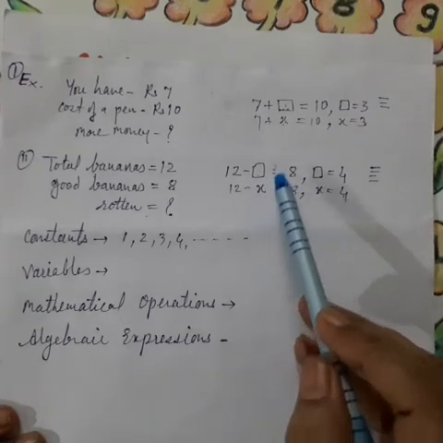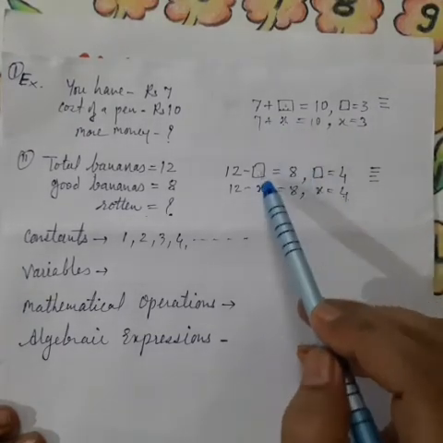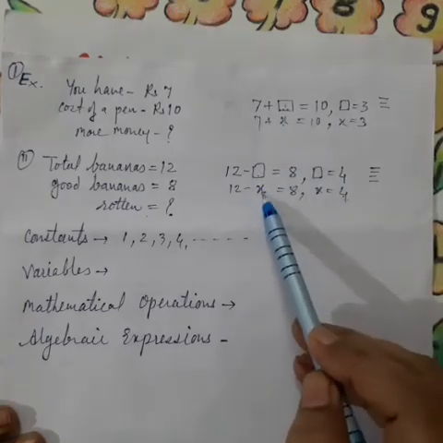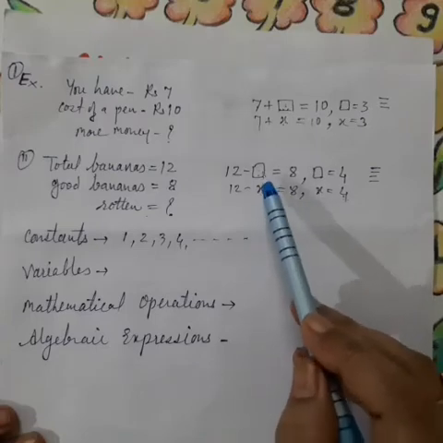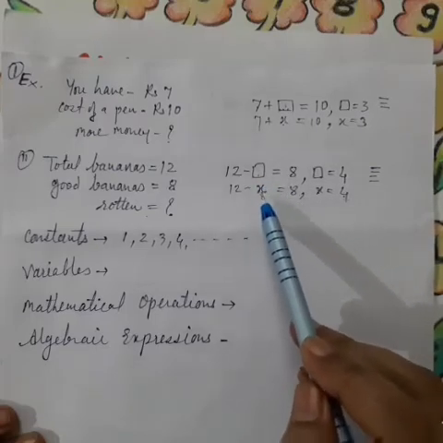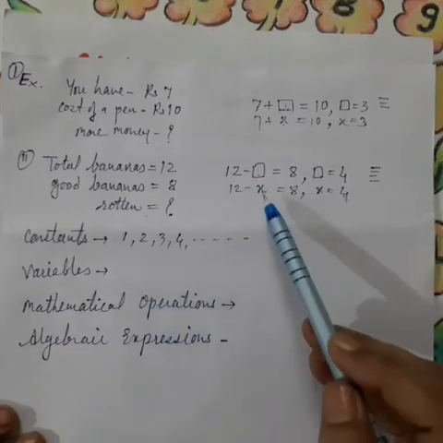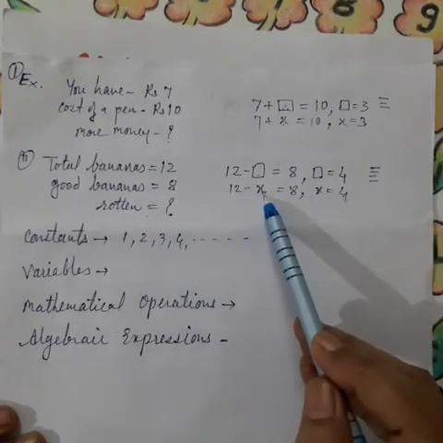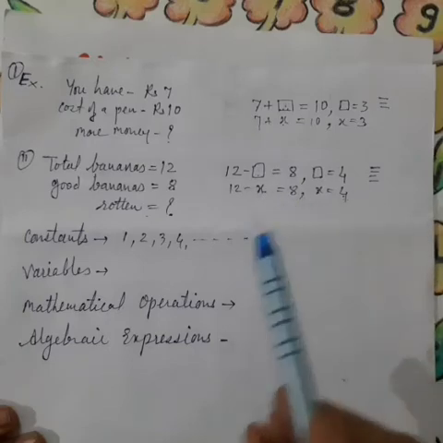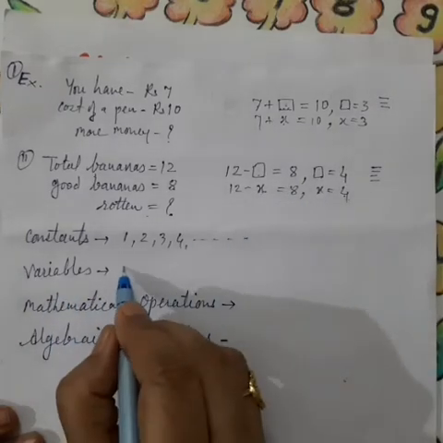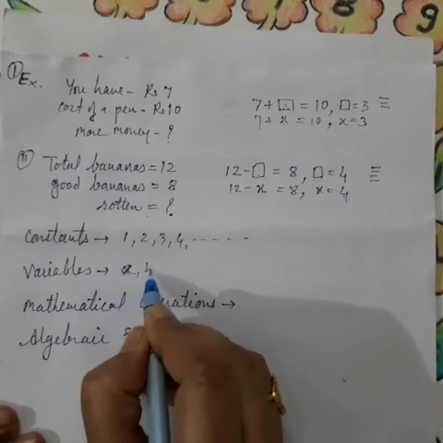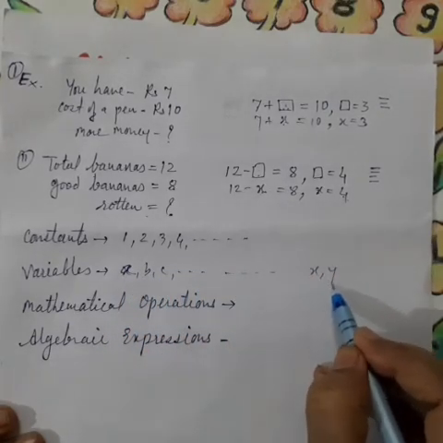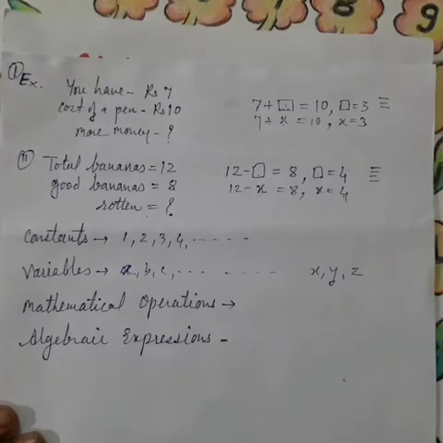So the values of these boxes or unknown numbers are not fixed, and we are using small alphabets for these unknown numbers. They are called variables because as the condition changes, the value of the alphabet varies. a, b, c, any small alphabet you can use as a variable.